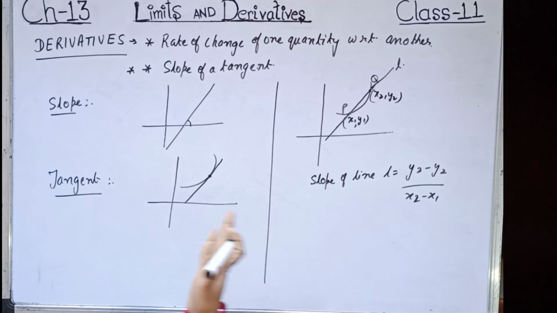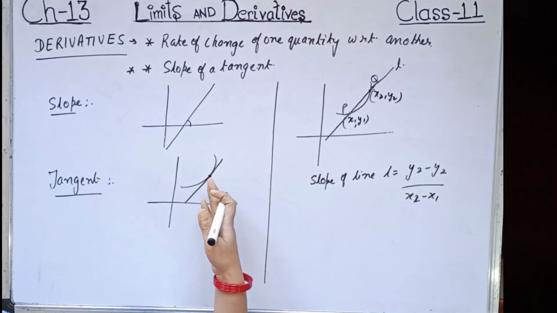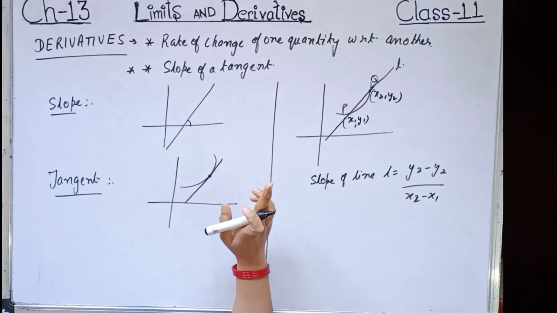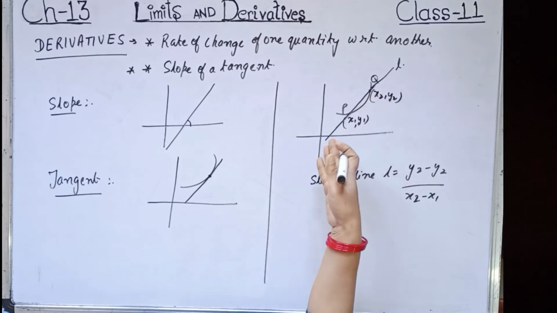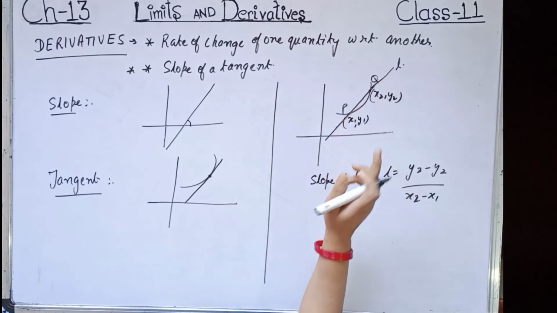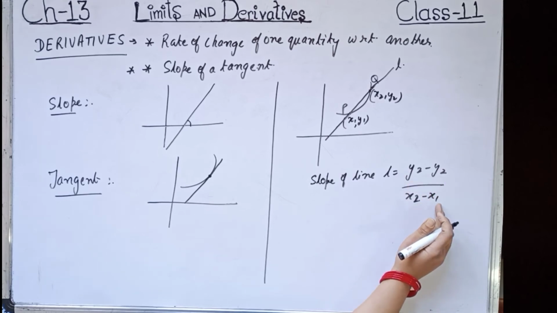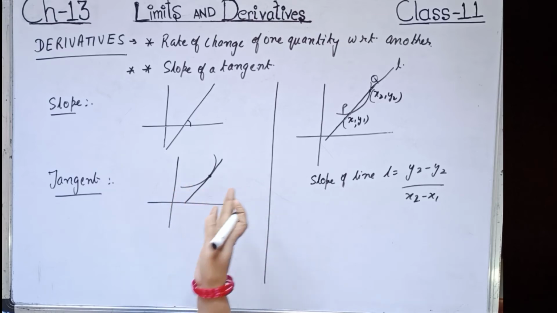Now to get the slope of a tangent, how will we get it? Because a tangent intersects this curve, or the circle if we consider it, at exactly one point. We know the slope of a line which intersects the curve at 2 points is the difference of the y coordinates divided by the difference of the x coordinates. Now how to get the slope of a tangent? Let us understand it properly.